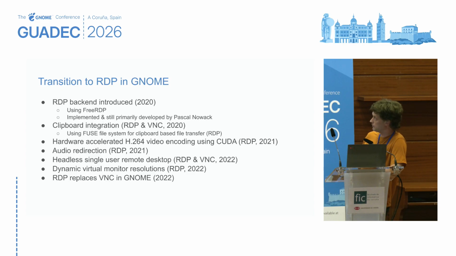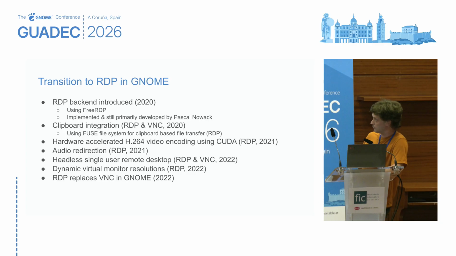It got hardware acceleration with H.264 using CUDA, as in NVIDIA, practically because Pascal had an NVIDIA card and wanted to have hardware encoding. He added audio redirection in 2021, and then I went and added this new headless single-user remote desktop runtime mode back in 2022 as well.